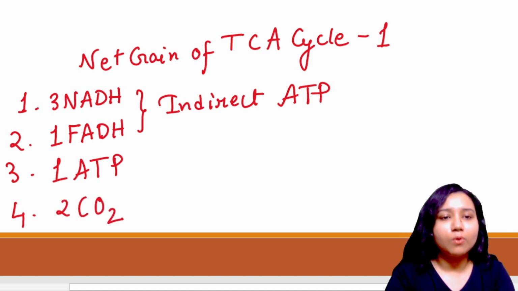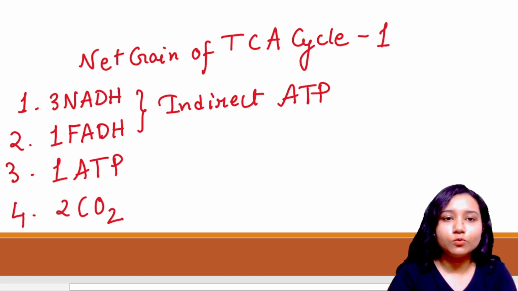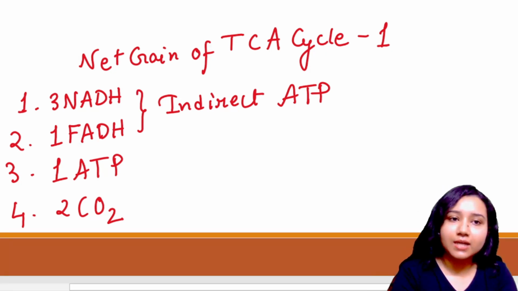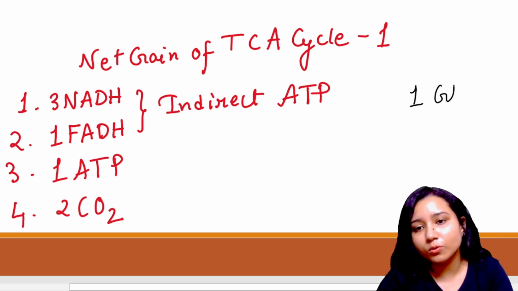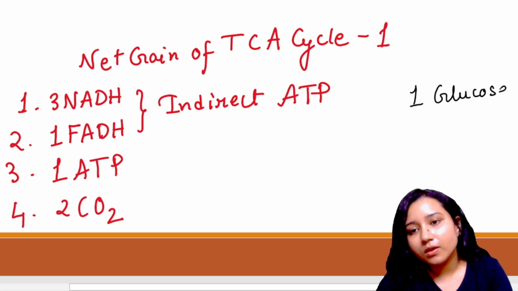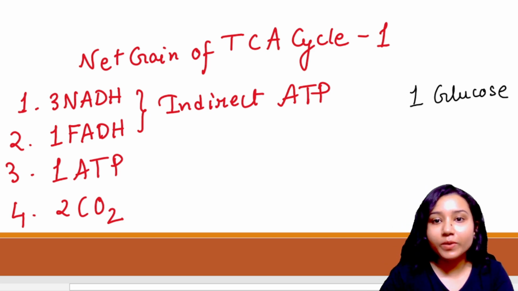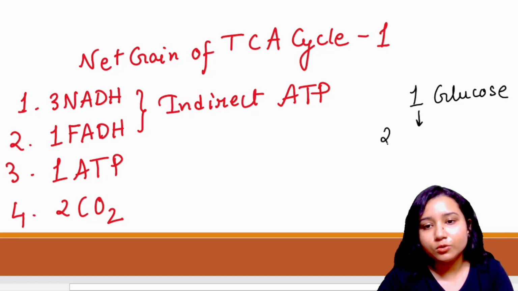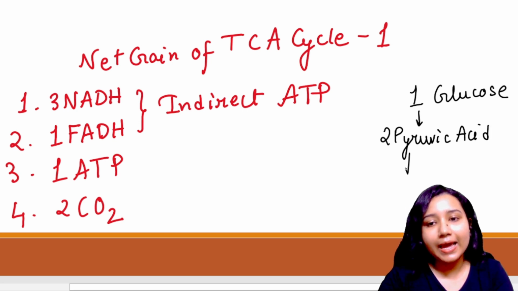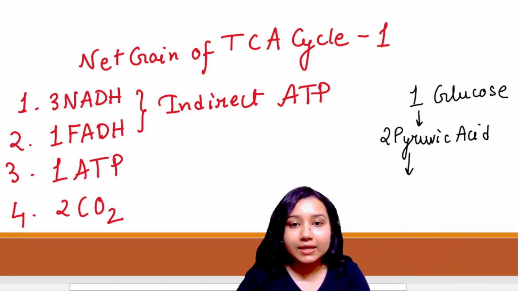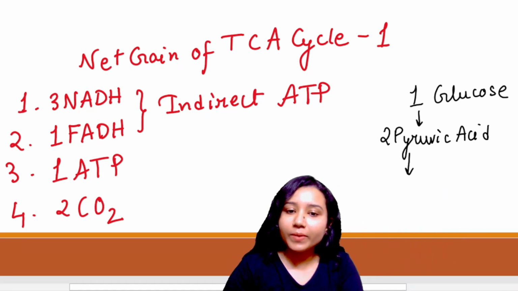But students, if you all remember, what do we know? The pyruvic acid was forming from one glucose. From one glucose, how many pyruvic acids were forming? If you remember, from one glucose, 2 pyruvic acids were forming, right? And the 2 pyruvic acids are going to form how many acetyl CoA?